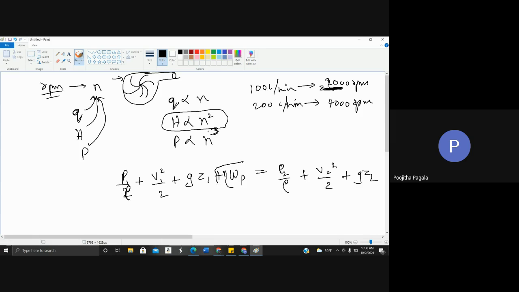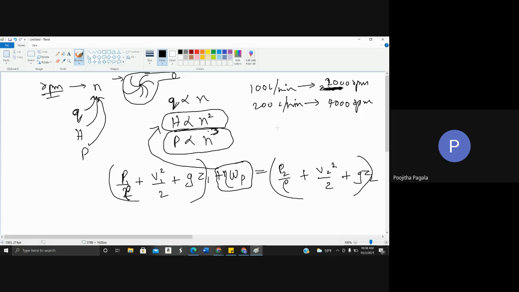The pump head is this entire quantity minus this quantity. So how does the head vary? The head developed varies with N square, and the total power consumption varies with N cube.